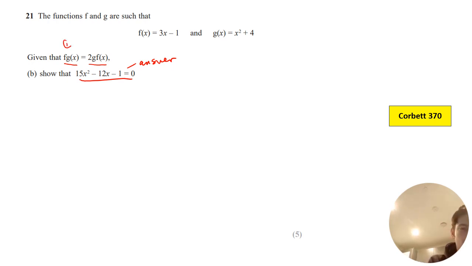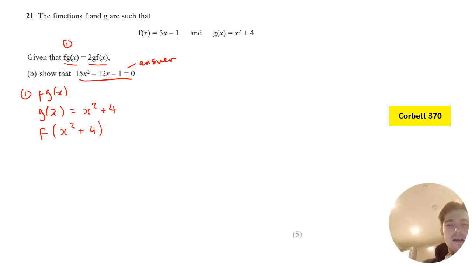So step one, let's work out what fg of x is equal to. Okay, how do I do that? Well, what is closest to the x? g. So I'm going to do g of x is equal to x squared plus 4. And now I need to do f of that, f of x squared plus 4. Well, let's write out what f of x is equal to. So f of x was equal to 3x minus 1.